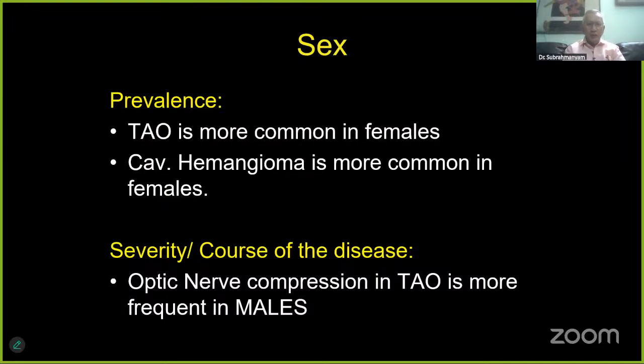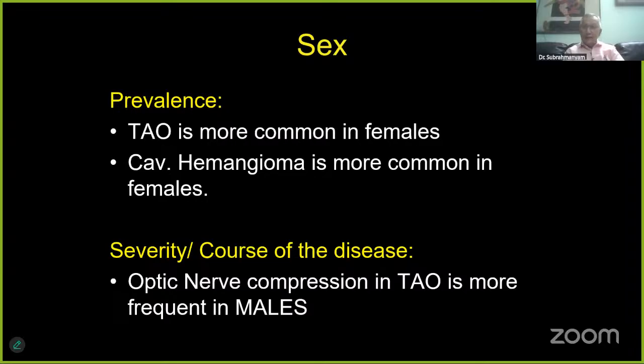Sex prevalence. Thyroid-associated orbitopathy is more common in females. Cavernous hemangioma is more common in females. So there are certain diseases which are more common in specific genders. That is the importance of knowing the gender. And also the severity or course of the disease can sometimes differ, especially in thyroid-associated orbitopathy; it depends on the gender.